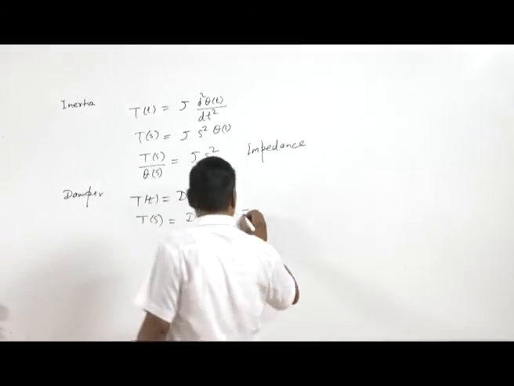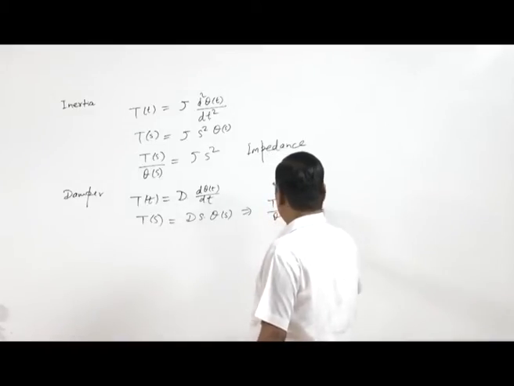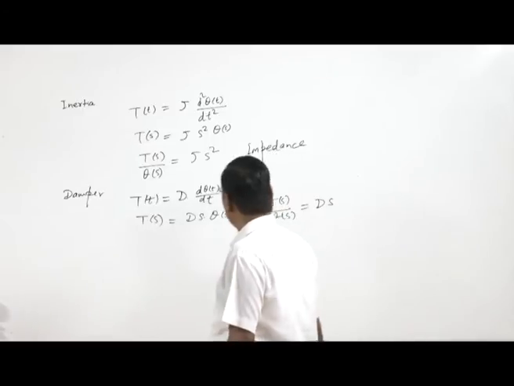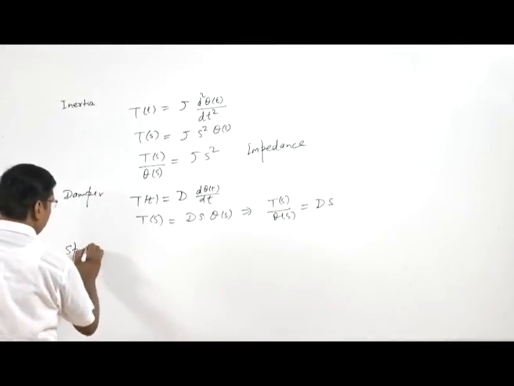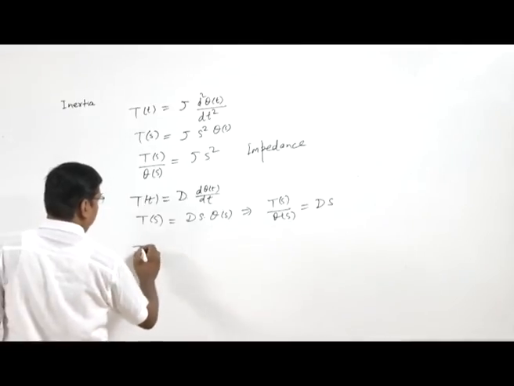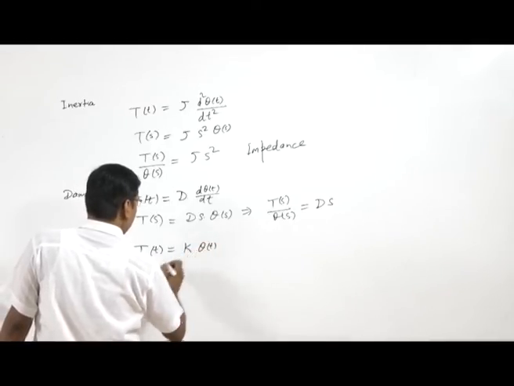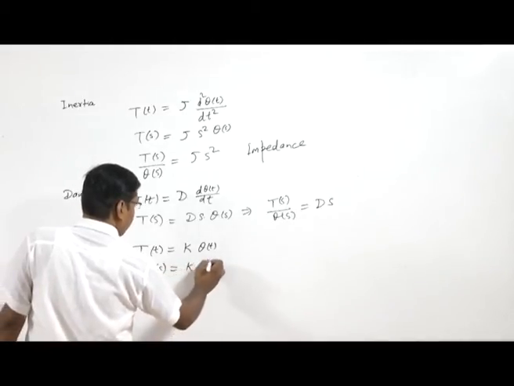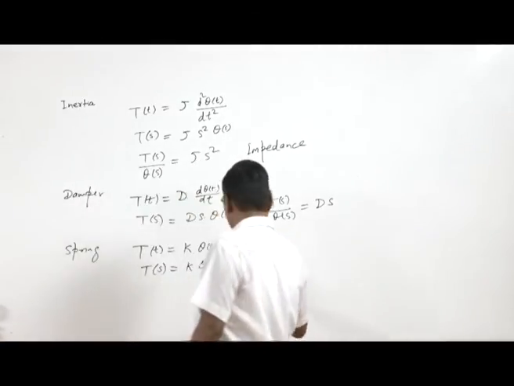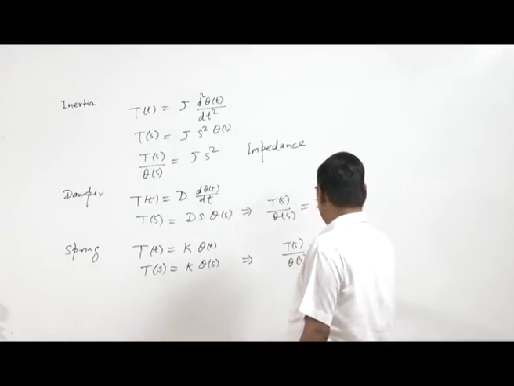This implies that T s by theta s equal to D s. For the rotational spring, we have torque equal to stiffness of the spring into theta. We take the Laplace transform, T s equal to K times theta s. So, here T s by theta s equal to K.